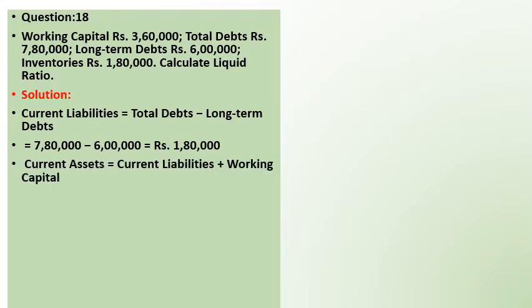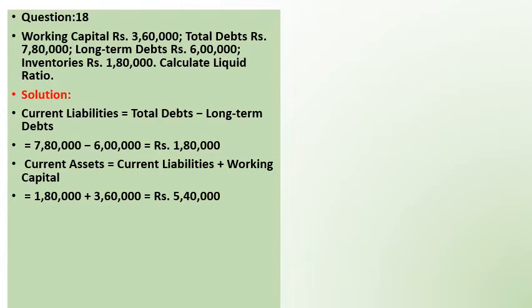From here we'll calculate the current assets, which is equal to current liability plus working capital, that is 1,80,000 plus 3,60,000 equal to 5,40,000. Remember the formula over here, working capital is current assets minus current liability.